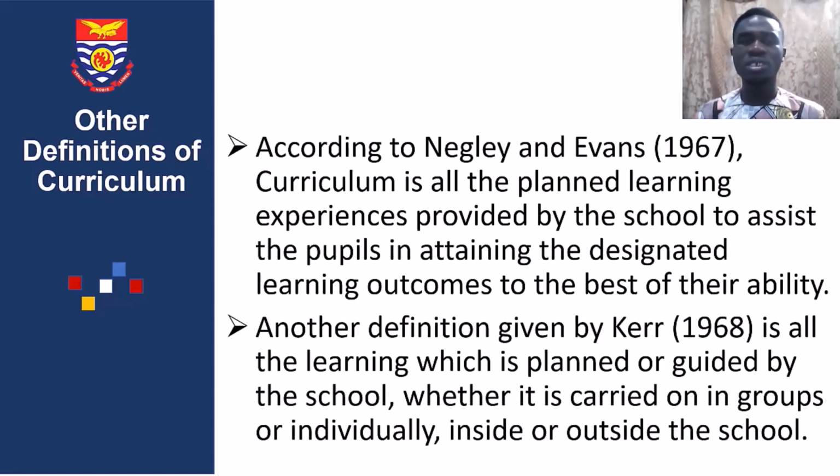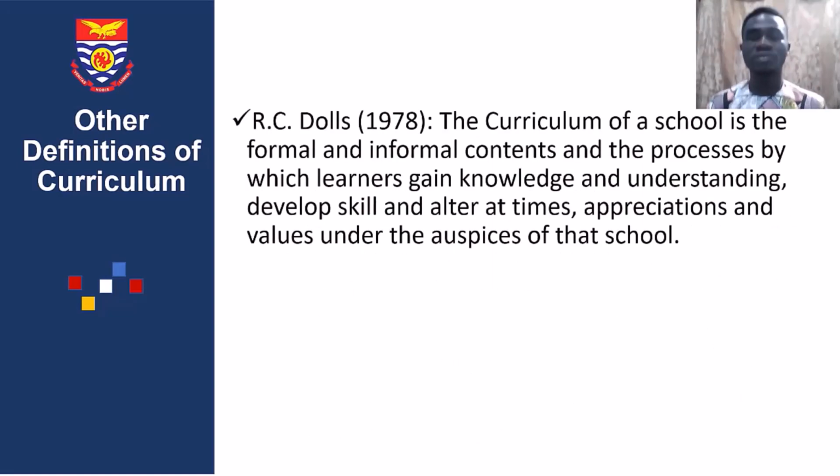We also take another definition from Dawes, 1978. To R.C. Dawes, the curriculum of a school is the formal and the informal content and processes by which learners gain knowledge and understanding, develop skills, and sometimes modify or alter their appreciation of values under the auspices of the school.